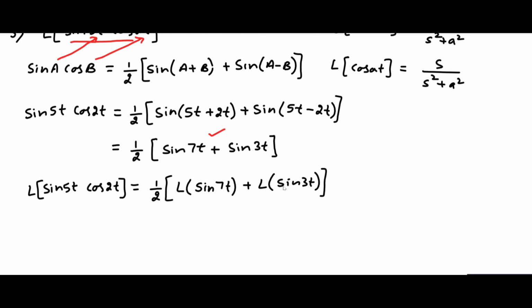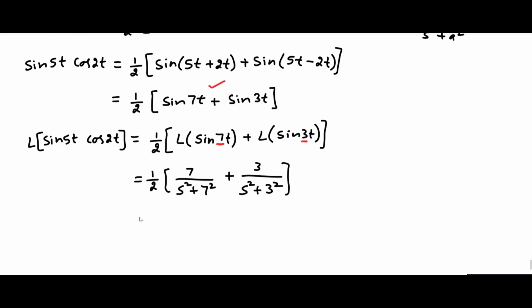Using the basic formula, this equals 1 by 2 times of, Laplace transform of sine at is a by s square plus a square. The value of a here is 7, so 7 by s square plus 7 square, plus sine 3t, where a is 3, so 3 divided by s square plus 3 square. In the first case the a value is 7, whereas in the second case it is 3, so I have used that formula.